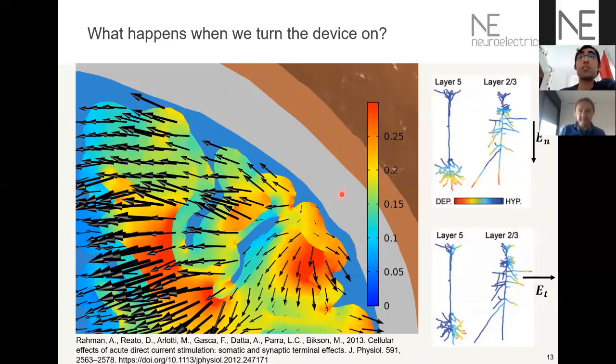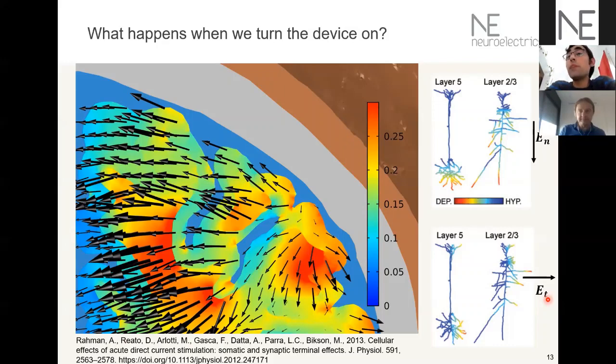For instance, in this picture, we're roughly in the region of the head that's under an anode. And you'll see that here, in fact, the electric field is coming into the cortical surface. But for instance, here, the electric field is coming out of the cortical surface. So in order to understand what's going on, you often have to consider large populations of neurons and not just really focalized regions where the electric field might interact with the neurons.